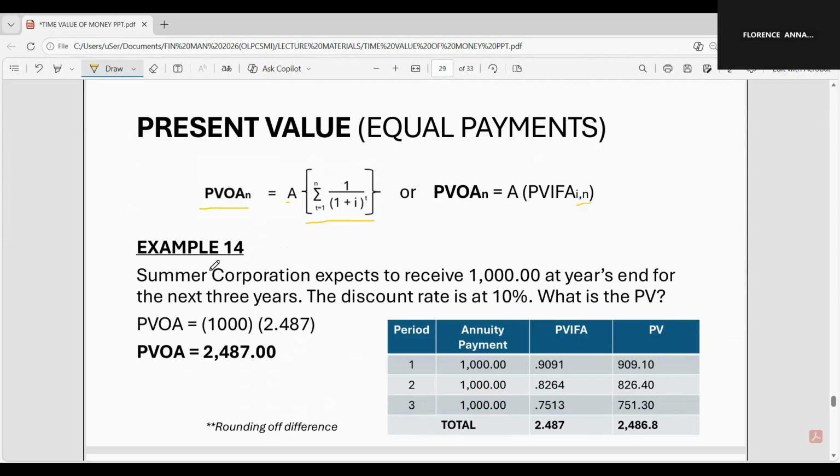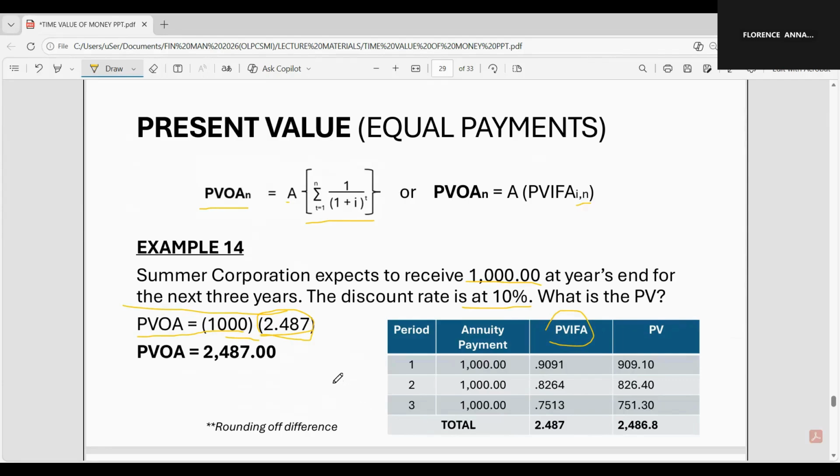So, Summer Corporation expects to receive 1,000 at year's end for the next 3 years. The discount rate is 10%. What is the present value? So, again, your present value of ordinary annuity is your annuity payments times your PVIF annuity, or your FVIFA. So, how did we get 2.487?